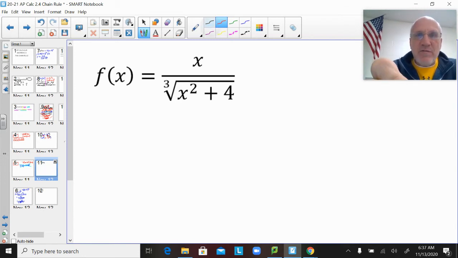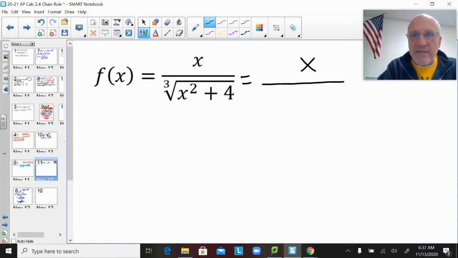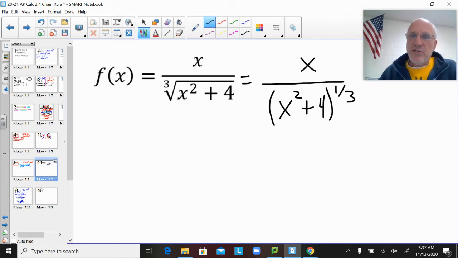So I might first, as you should always do, rewrite this not with roots, (x squared plus 4) to the 1/3. But you have to recognize that as a quotient.